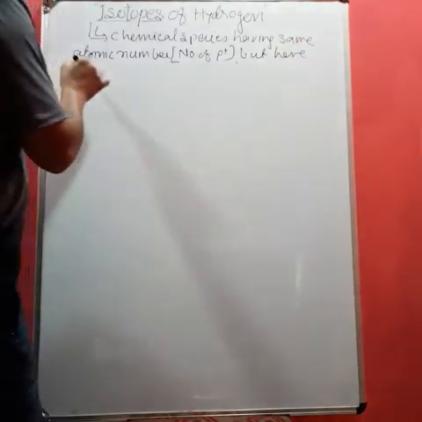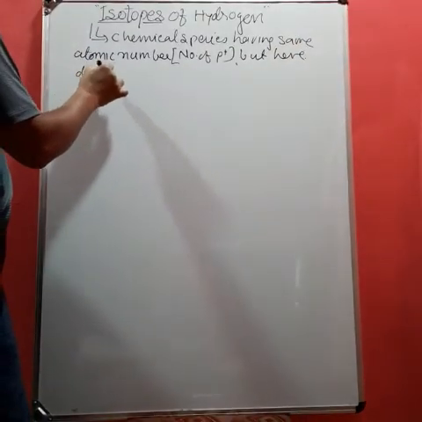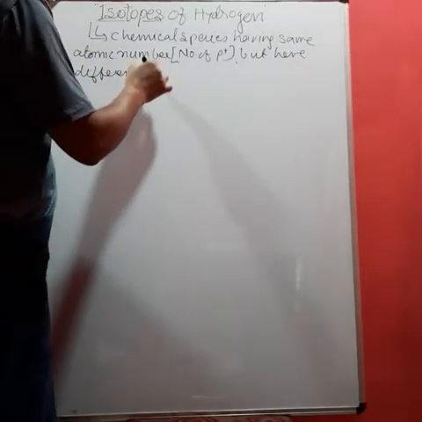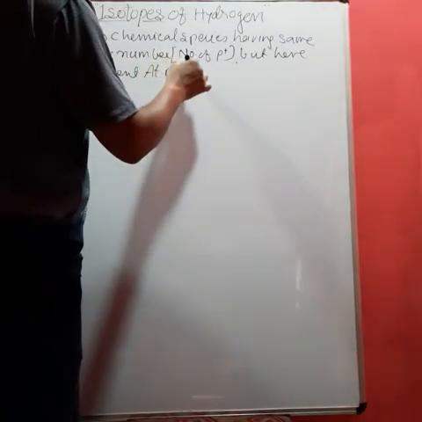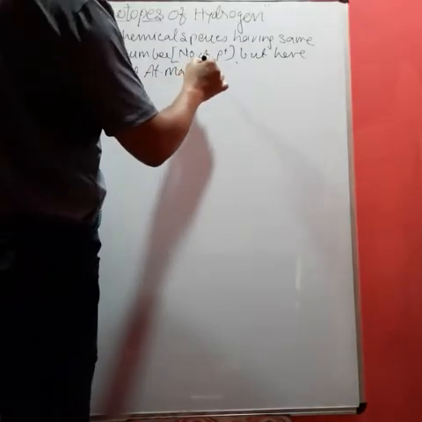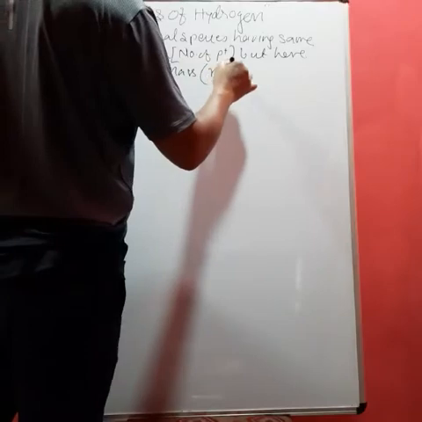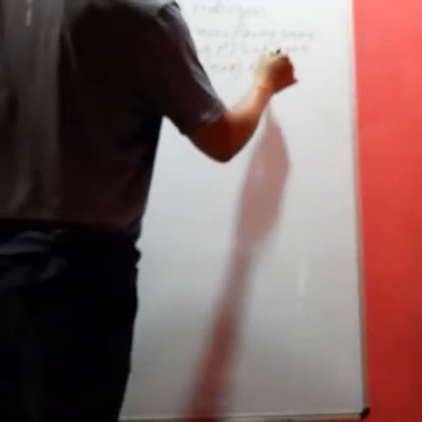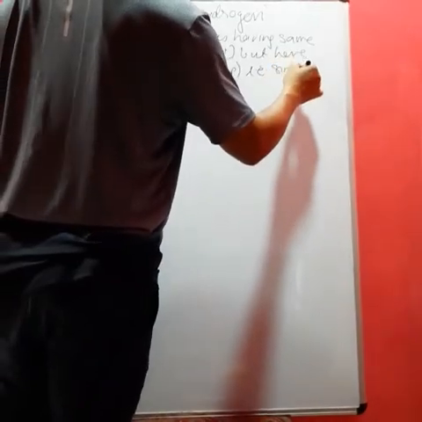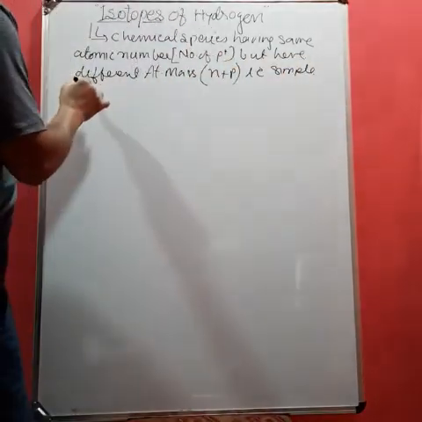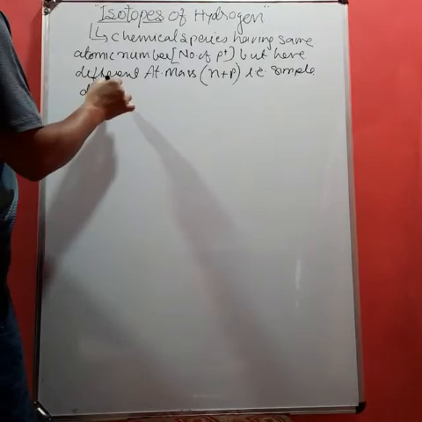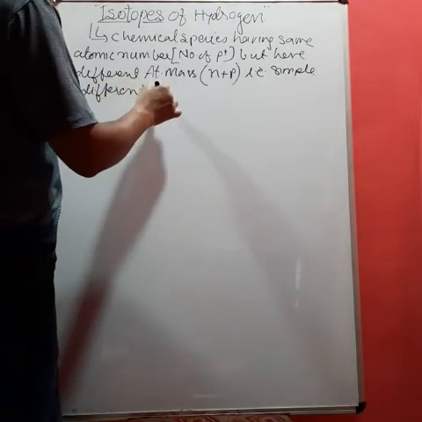have different atomic mass. Atomic mass is the sum of the number of neutrons and protons, so isotopes simply have a different number of neutrons.